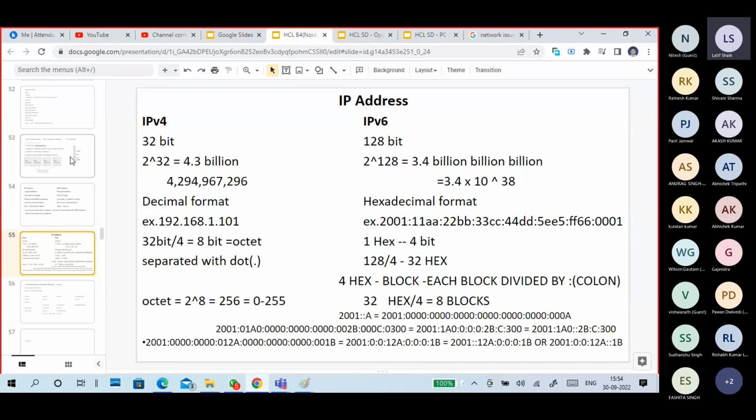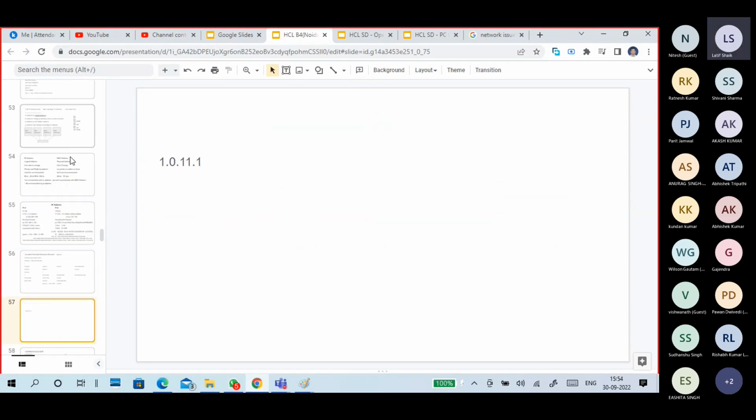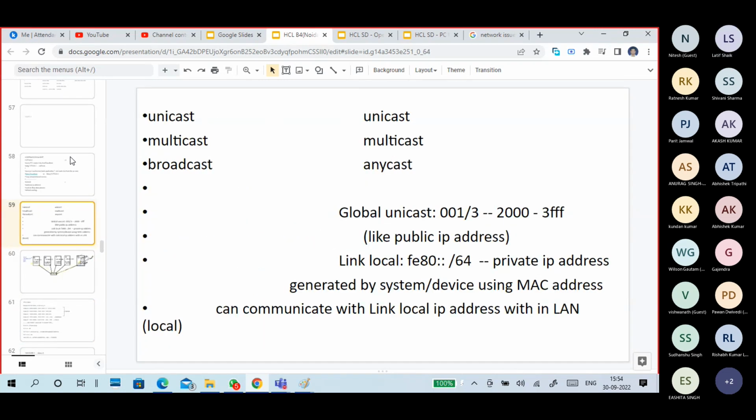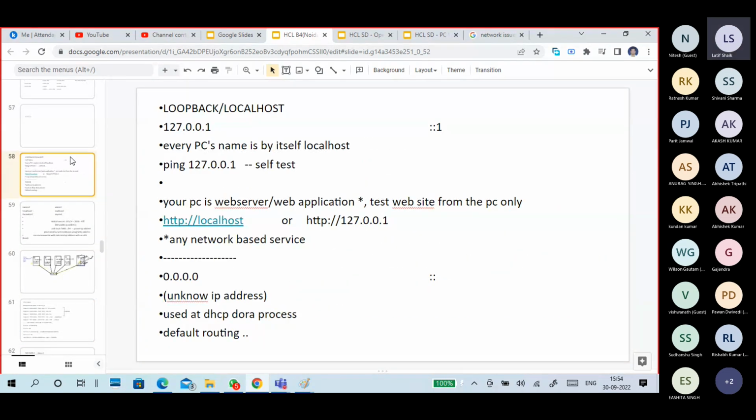You can write IPv6 in different ways, but there are certain rules. In IPv6, instead of using 127.0.0.1, I use just ::1, using the zero pattern.